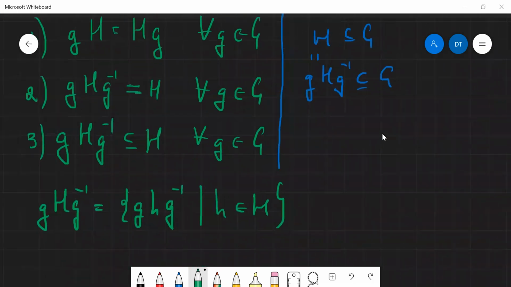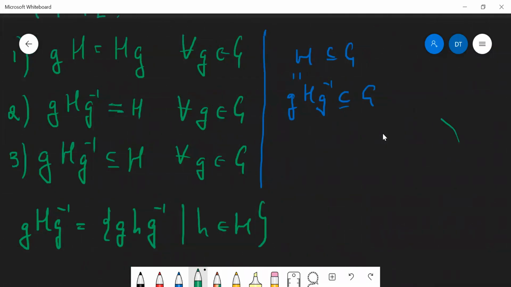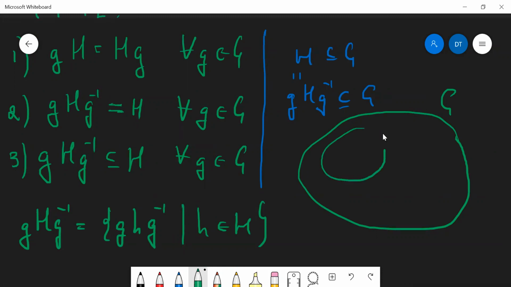Probably it would be better to draw a picture. So you have a group G, and here you have some subgroup H. In general, when you multiply it by an element g on the left, you will get some different subset. And when you multiply it by g inverse on the right, you may get something like gHg inverse, and you want them to be the same.